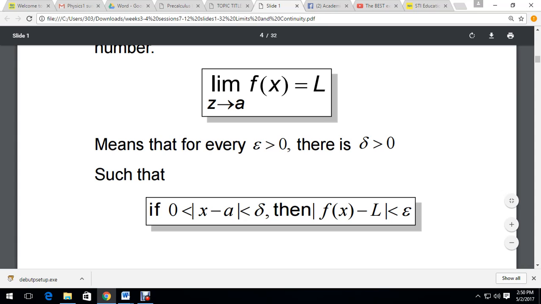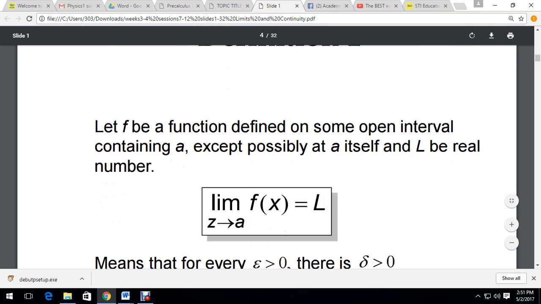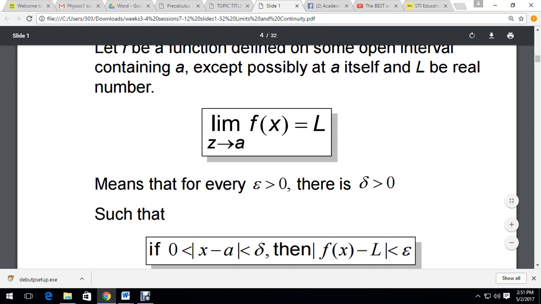Since epsilon and delta define distances, the distance around a is delta, and the distance around L is epsilon. What is meant by this if-then statement is that if we could find x within the neighborhood of delta around a, we could find f of x within the neighborhood of epsilon around L. That is what is meant by the formal definition of the limit of a function.